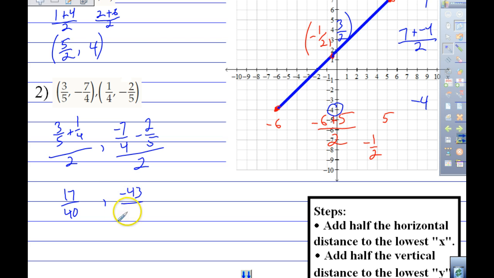Okay, negative 43 over 40. Verify those. I did them kind of quick. Is that correct?